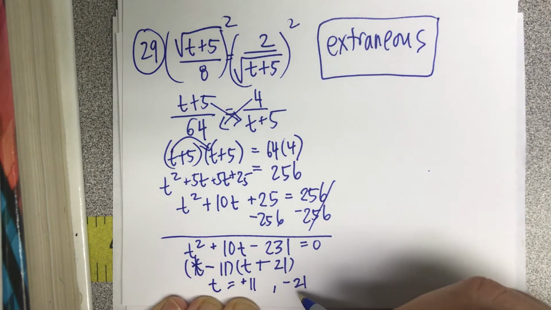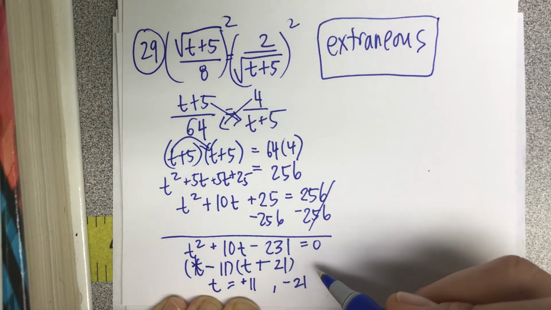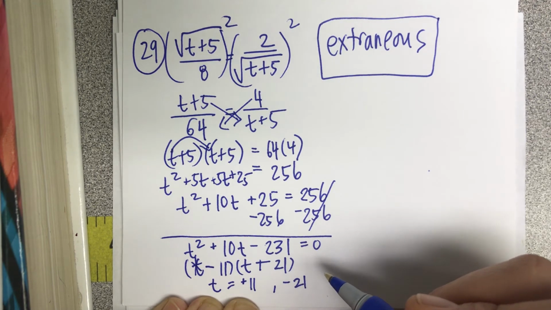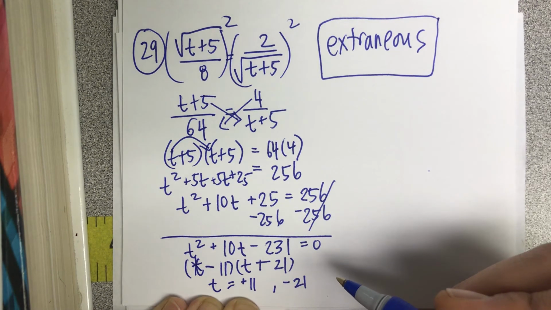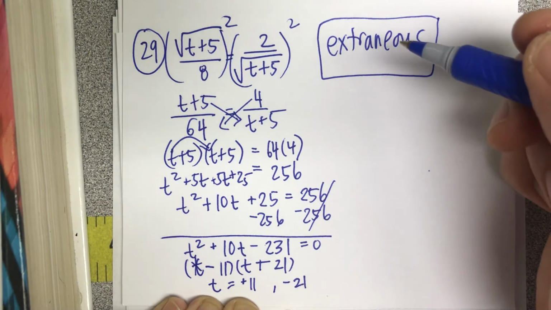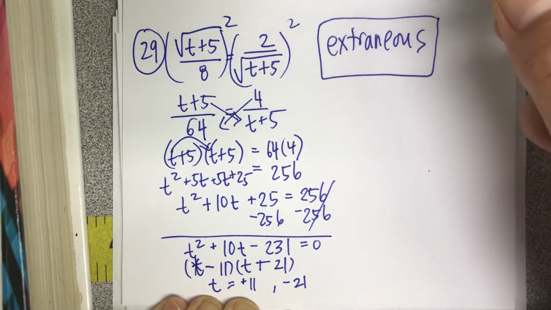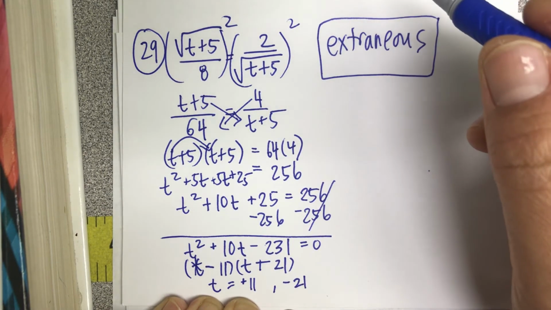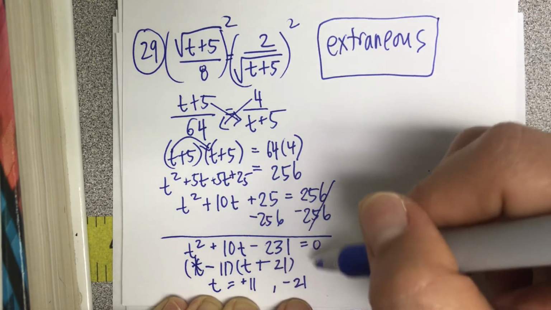Now we have to plug one in, and we have to find out which one does not work, okay? So anyways, if we plug it in to the one at the top, you're going to find that negative 21 doesn't work, okay?